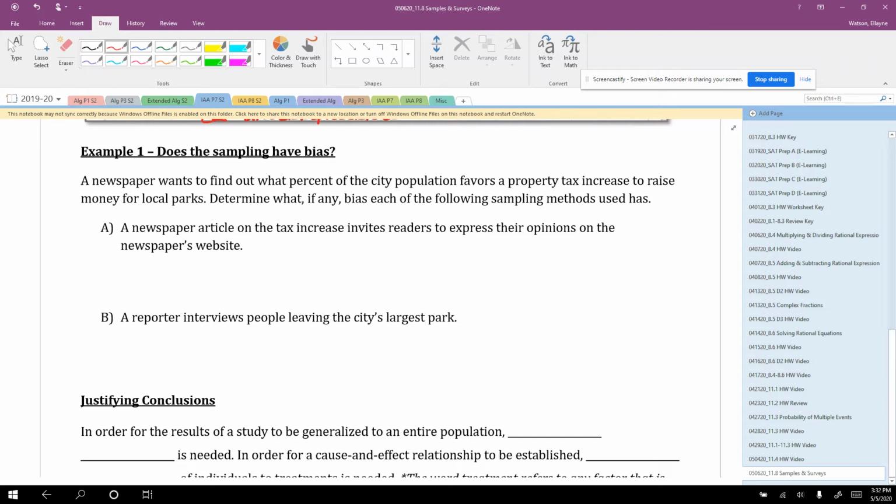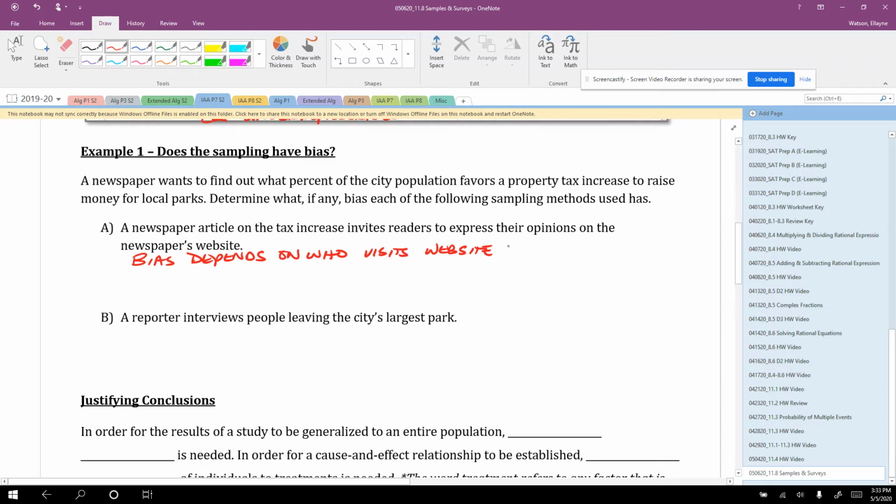Bias depends on who visits the website. Not everyone reads the newspaper, not everybody has internet access, and not everybody is going to visit this website.